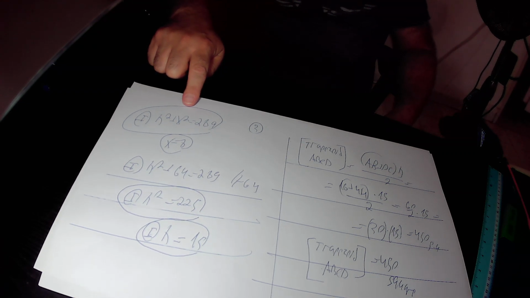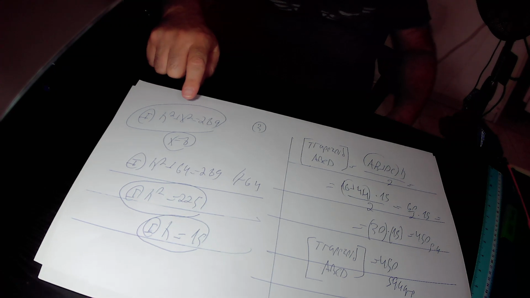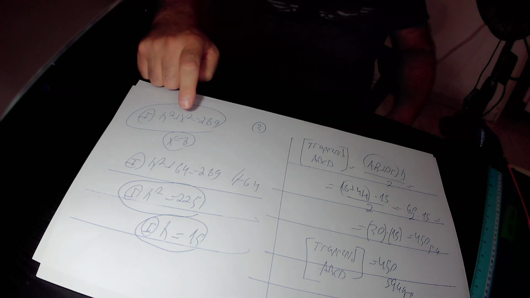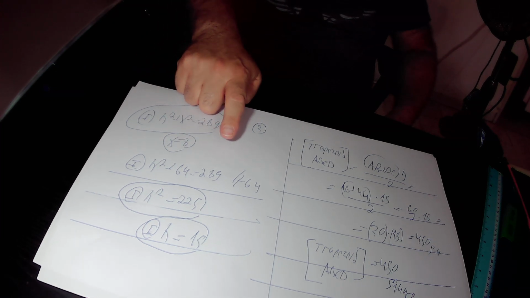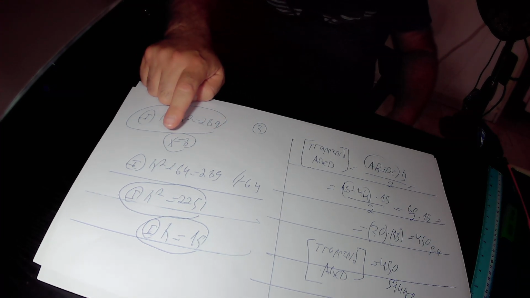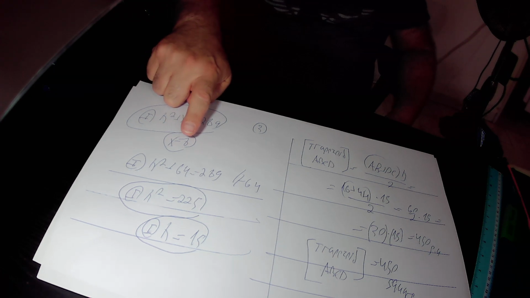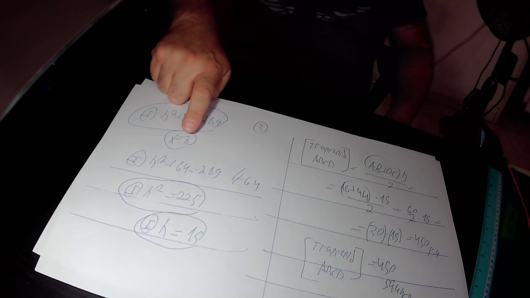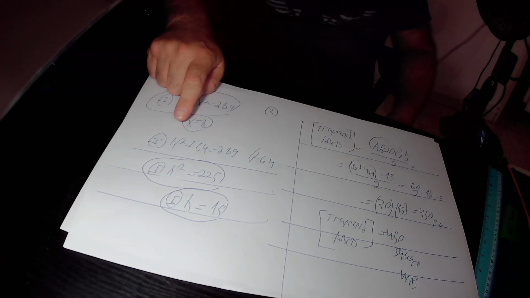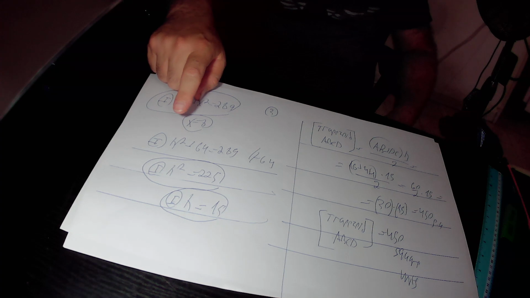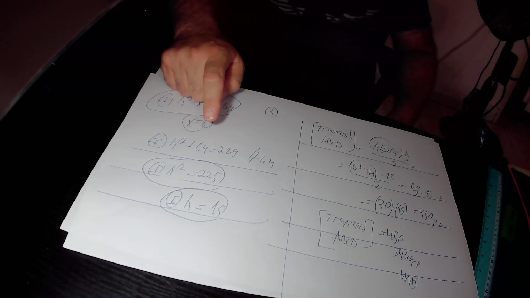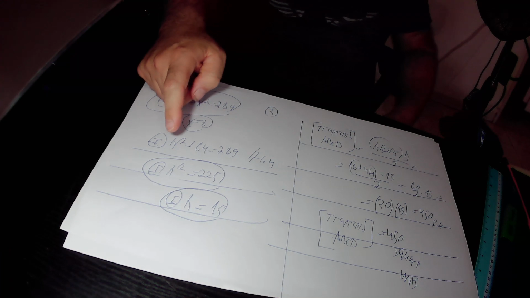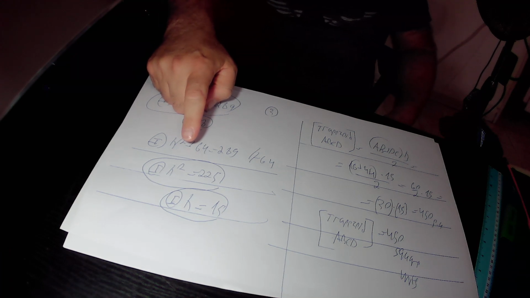We found out that h squared plus 64 equals 289. Here we subtracted 64 from this equation 1, and finally found out that h squared equals 289 minus 64, that is 225. So in total we found out that according to equation 1, h squared equals 225.